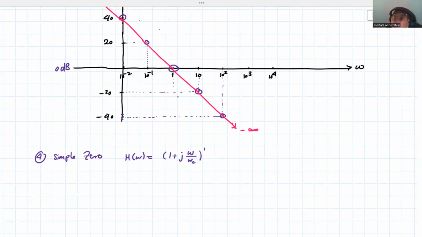So we want to draw the Bode plot for the magnitude of that function. So the magnitude of h of omega equals the magnitude of 1 plus j omega divided by omega c.